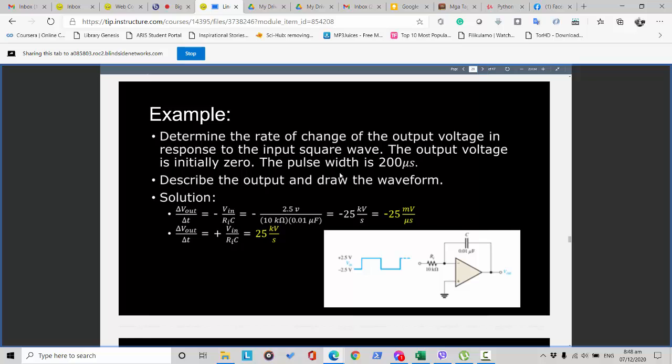Now, an example. This is an example of the integrator. Determine the rate of change of the output voltage in response to the input square wave. So we have a square wave here alternating between positive 2.5 volts and negative 2.5 volts. So this will be our input voltage.